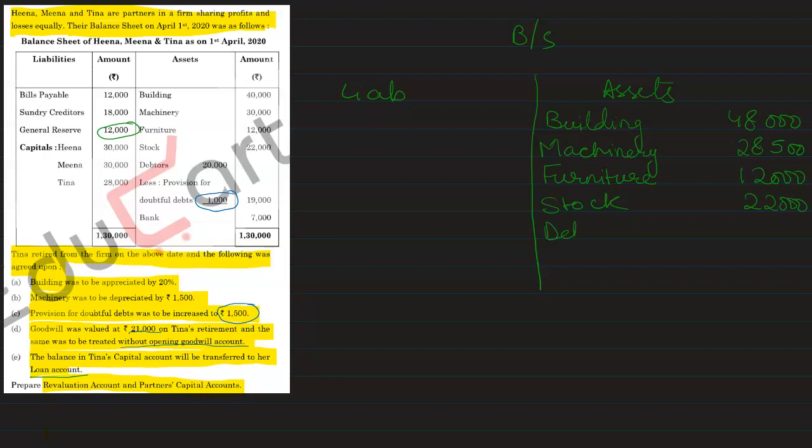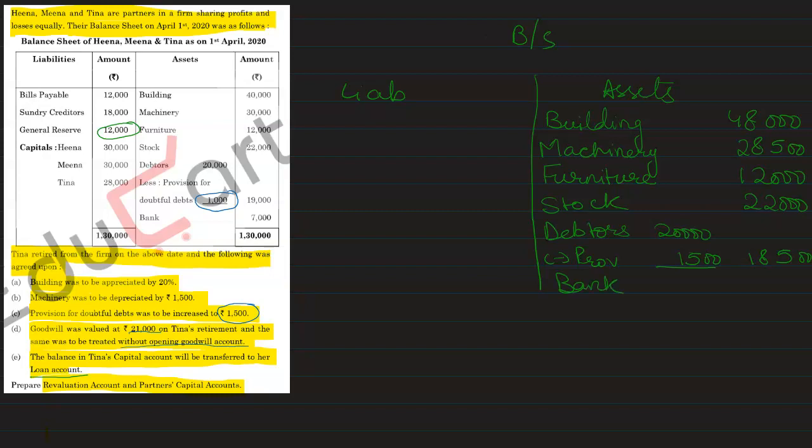Then debtors. Debtors will be 20,000 minus the provision that has been increased to 1,500, so it will be 18,500. And then comes bank. There has been no entry in respect of bank.